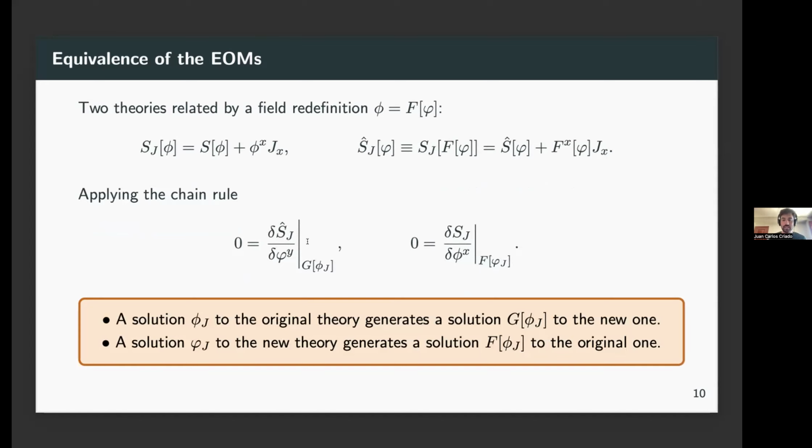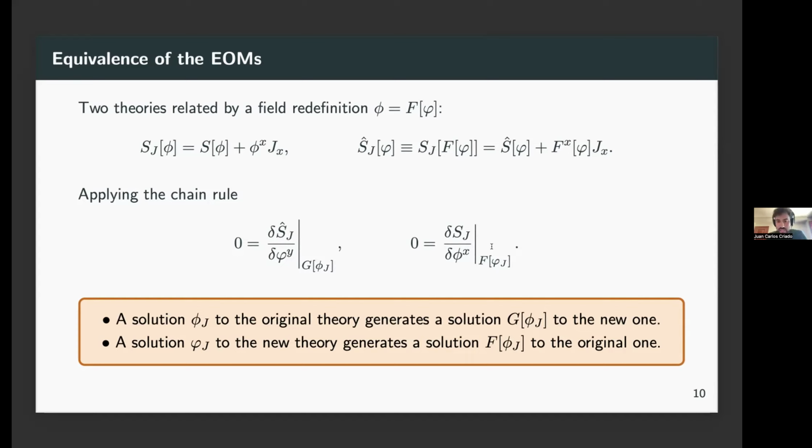Now I have the equation of motion for the redefined theory on the left and the equation of motion for the original theory on the right. So they are equivalent. A solution to the original theory generates a solution to the new theory through the inverse of the field redefinition, and vice versa. So you can go from one to the other, and the physics is then equivalent.